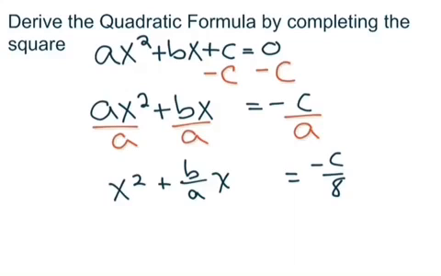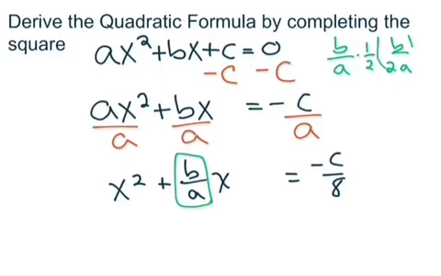And then remember, we're going to take this term right here and multiply it by 1/2, which is going to give us b over 2a, and then we're going to square it, which gives us b squared over 4a squared. Then we're going to add that to both sides.